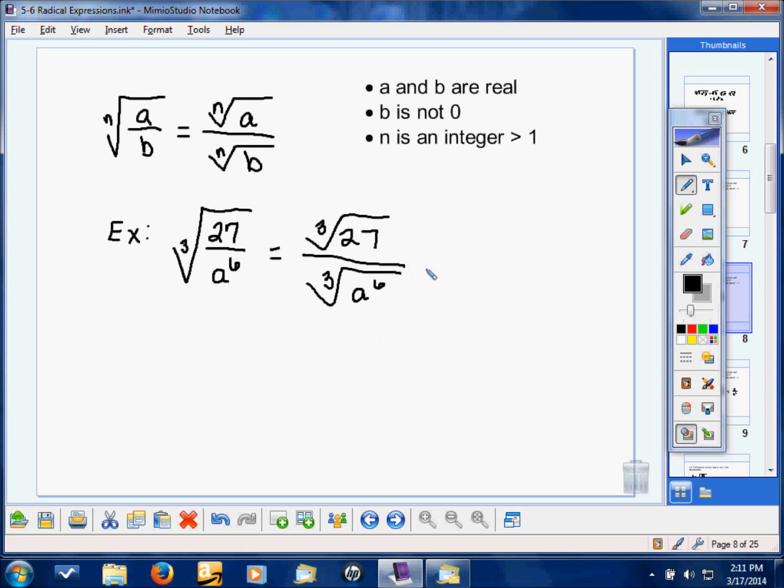So the cube root of 27 is 3, because 3 times 3 times 3 is 27. So if the top is 3, what do you do with these exponents again? Divide them, so you get a to the 2nd. 3 over a to the 2nd.